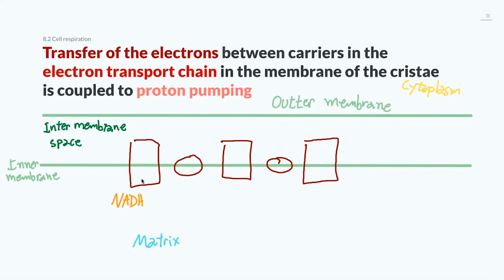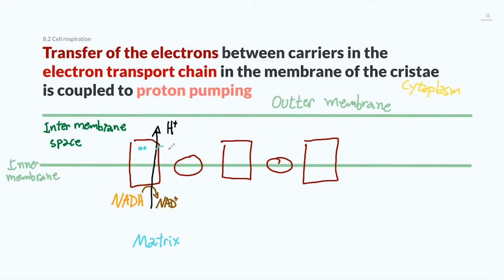NADH will come here and give away the electrons. So these electrons are here full of energy, and the energy of these electrons is used to pump hydrogen from the matrix to the intermembrane space. So the NADH will keep giving electrons to this protein, and it will pump hydrogen there.